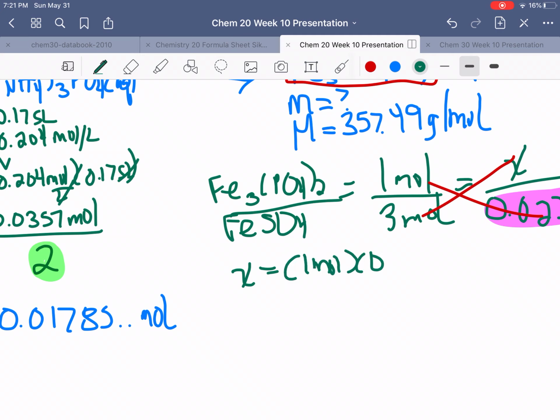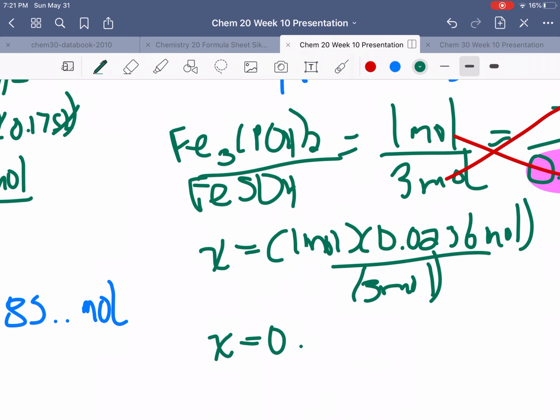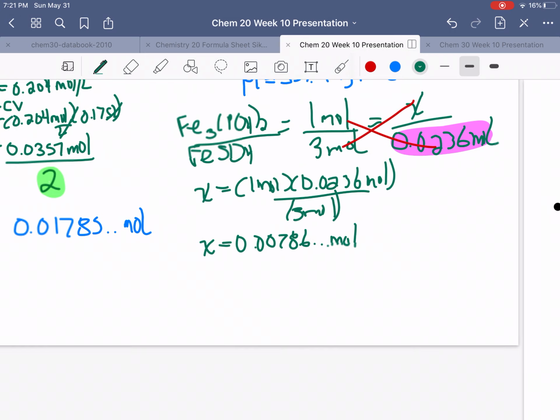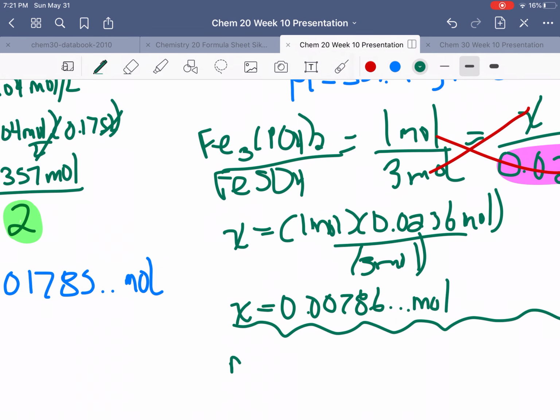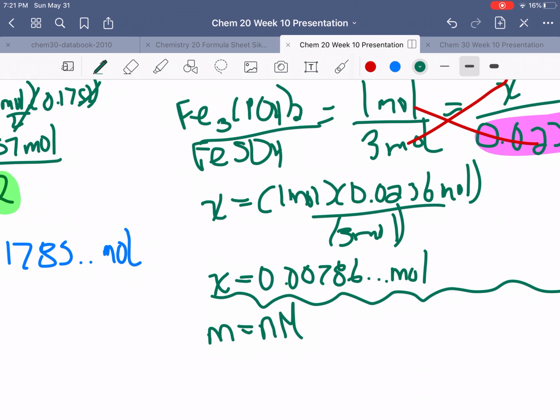X is going to be equal to 1 mole times the 0.0236 moles, divided, of course, by the 3 moles. Number crunch, X is going to be equal to, don't round, 0.00786... moles. Last step, let's convert this into mass so that we can answer the question properly. The mass of the precipitate. Rearrange it properly. Mass is equal to n, number of moles, times molar mass.